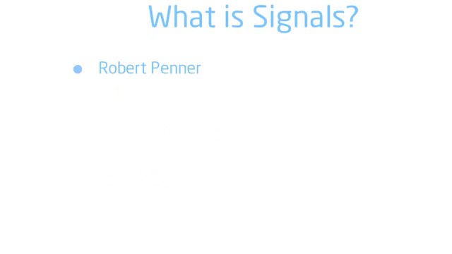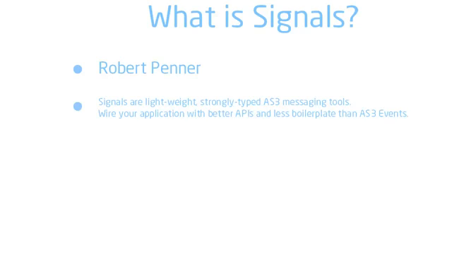So, what is Signals? Signals is made by Robert Penner, and you might recognize his name from his easing equations, which are quite widespread in the Flash community. Now, I'm gonna go ahead and quote Robert's own description of Signals from his GitHub page. Signals are lightweight, strongly typed AS3 messaging tools. It lets you wire your application with better APIs and less boilerplate code than AS3 Events.